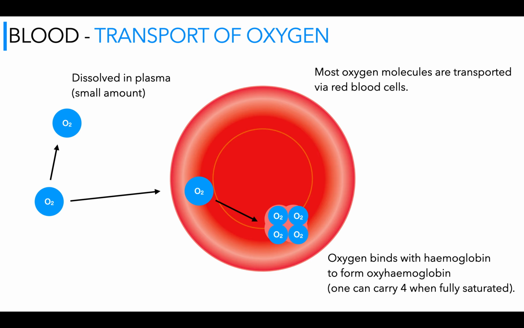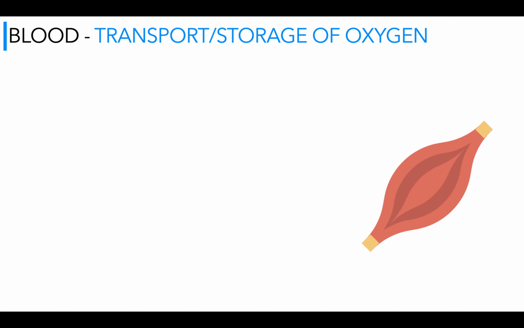Okay, so you could also call it gas transport, oxygen obviously being an essential gas. Now, before we move on to the transportation of carbon dioxide, a common exam question asks you to compare hemoglobin and myoglobin. Your hemoglobin points are that oxygen binds with it in the red blood cell, forming oxyhemoglobin, and when fully saturated, it can carry 4.